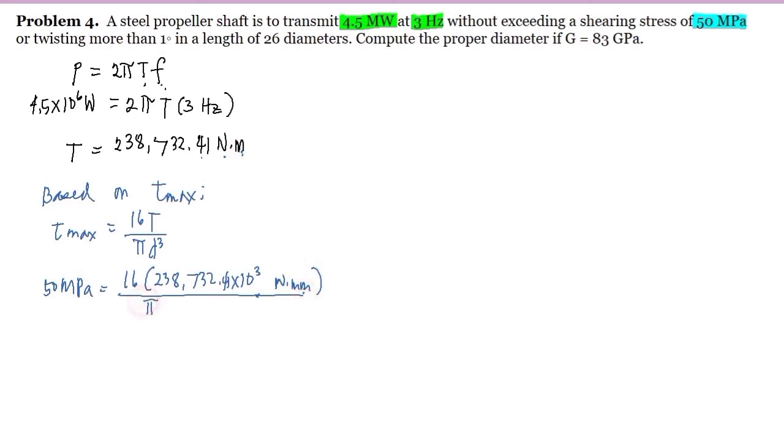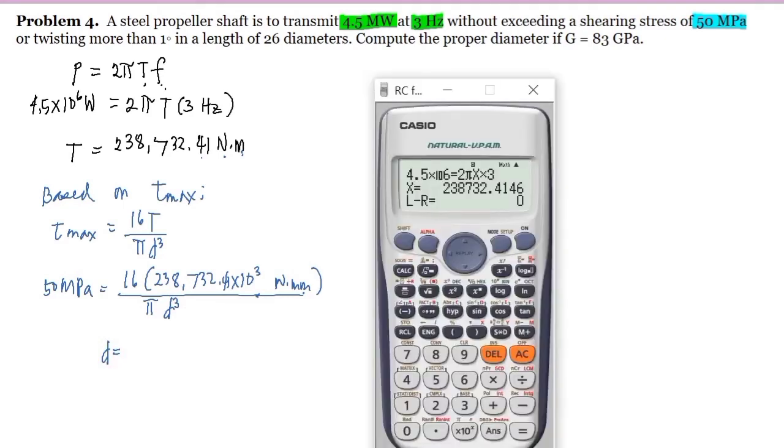So we have pi over diameter cube, and we now compute for the value of the diameter based on the maximum allowable shearing stress. We have 50 is equal to 16 times 238,732.41 times 10 to the 3 over pi times diameter cube.